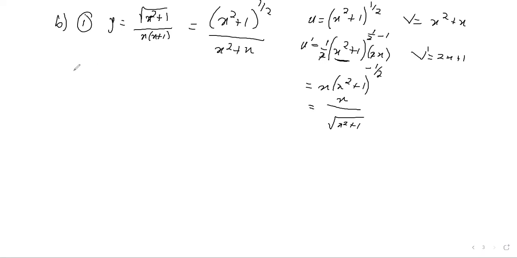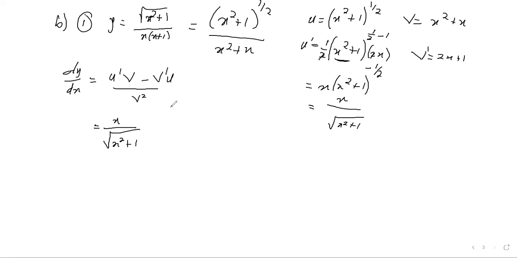Then now we go and find dy dx. So dy dx is actually equal to u prime v minus v prime u over v squared. That is u prime, we have found it. It's x divided by the root of x squared plus 1.